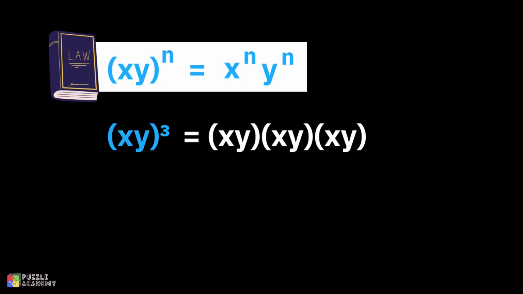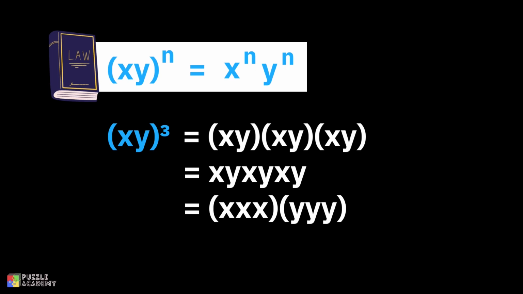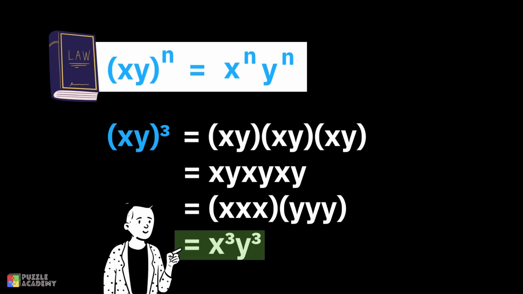It can be written as xy times xy times xy. If we remove the parentheses, it goes like this. And then we just rearrange the x's and y's, and we have this form. Then we put parentheses on that and count the number of x's. We have x cubed and y cubed.